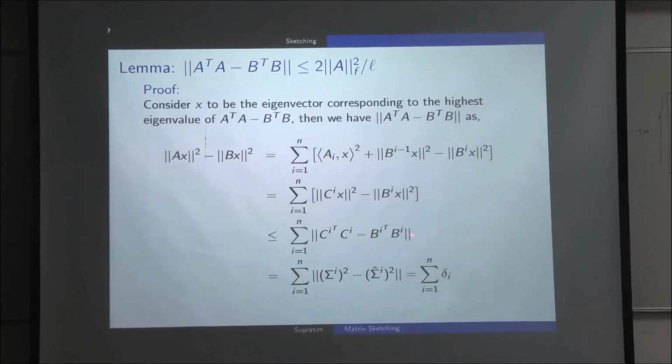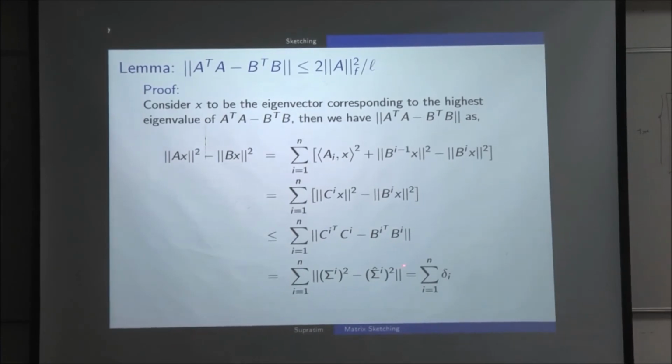Because of the shrink operation, every time we are deleting the delta_i parameter from every singular value. So the spectral norm of C_i transpose C_i minus B_i transpose B_i turns out to be the spectral norm of the diagonal matrix of these two.